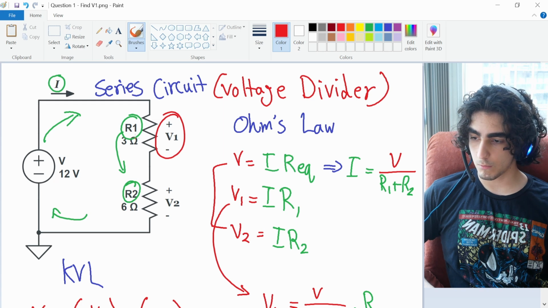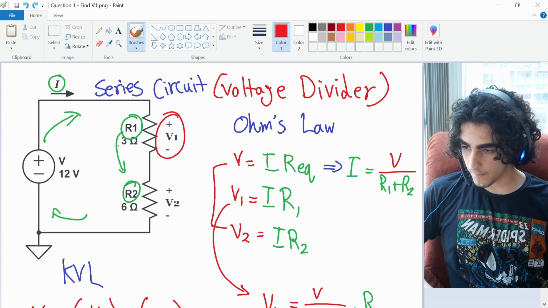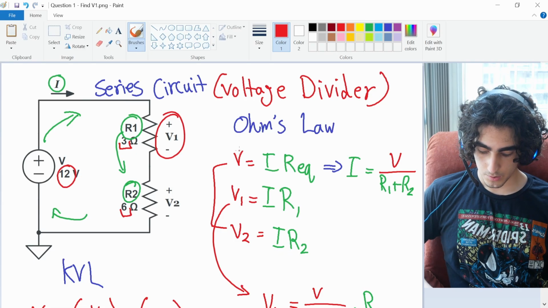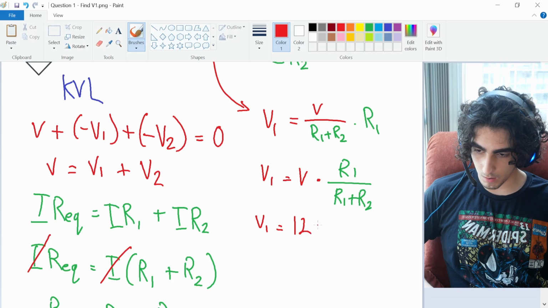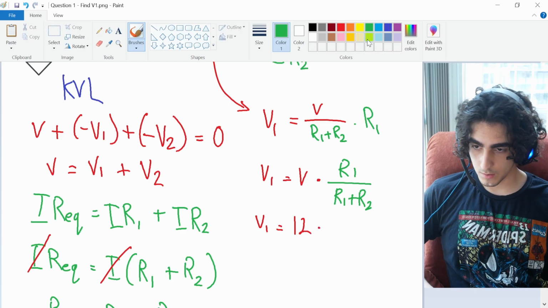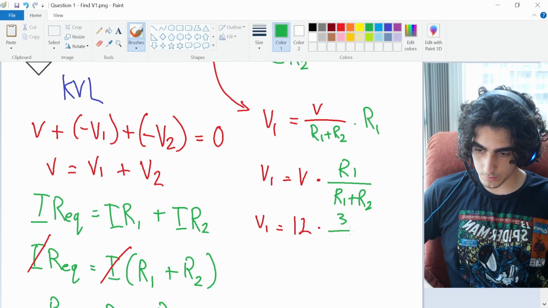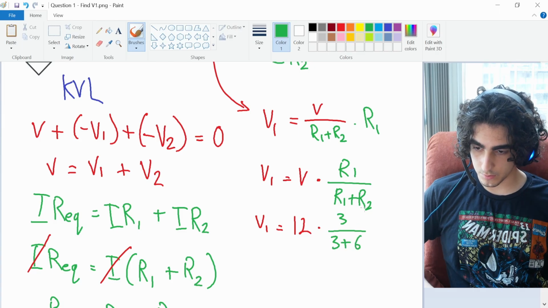So we know that R1 is equal to 3 ohms, and R2 is equal to 6 ohms. And we know the voltage source is 12, so 12 volts. So now we can just plug these in. V1 is equal to 12 times R1, which is 3 ohms, over 3 plus 6 ohms, which is R2.